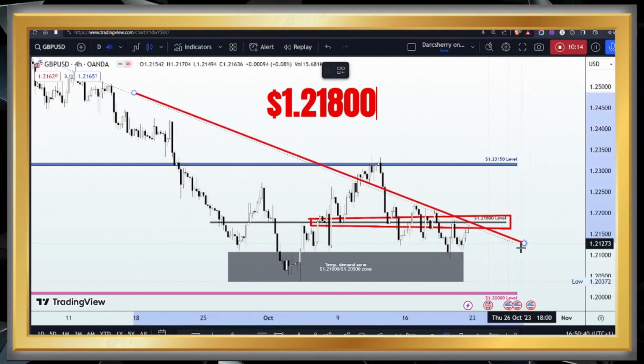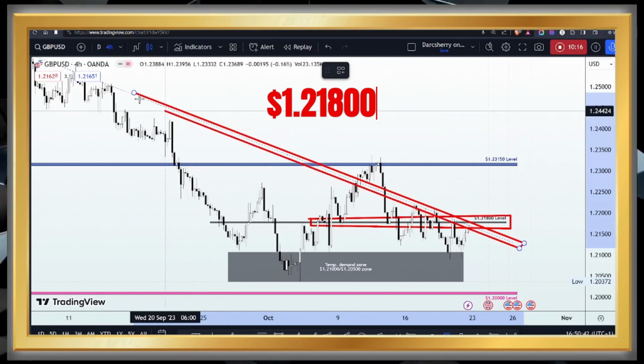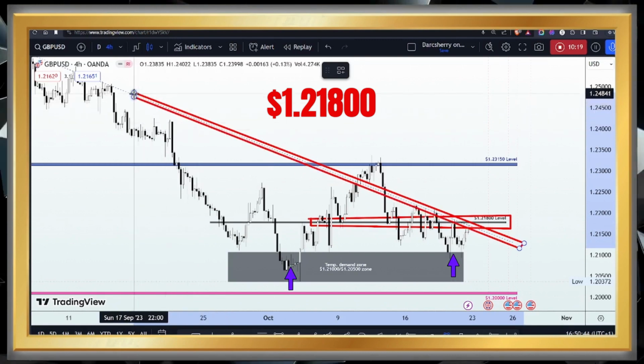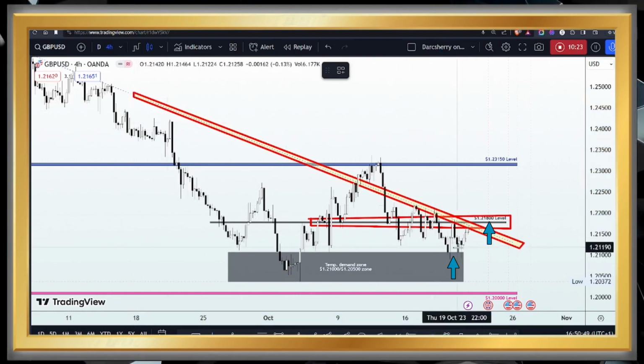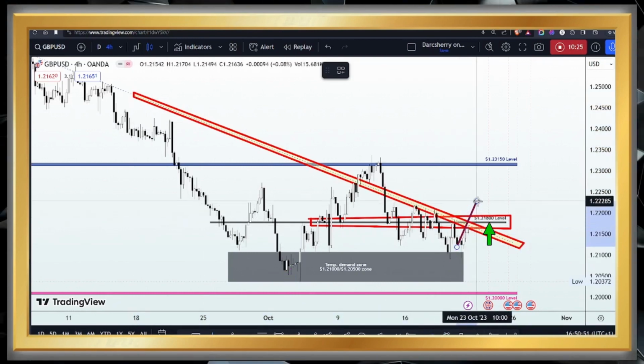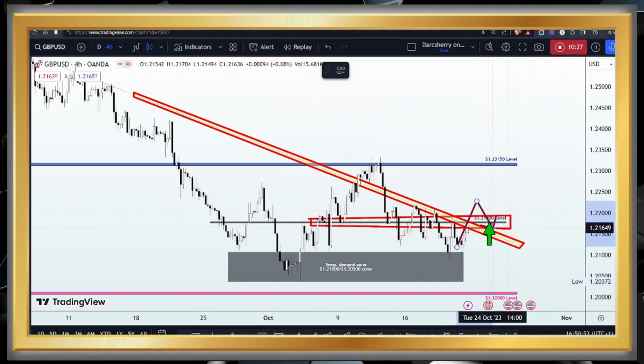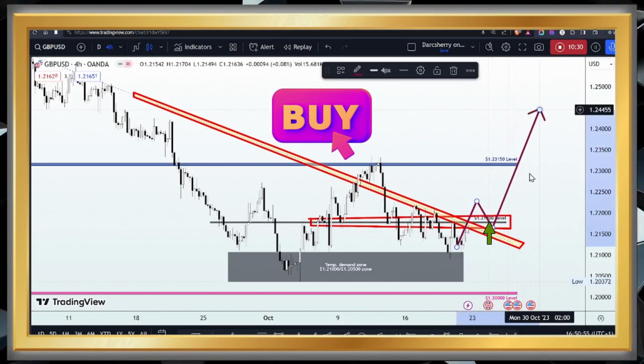So in preparation for next week and considering the fact that price still sits above a strong and robust demand zone, a breakout of both the descending trend line and the 1.218 will be a beautiful signal to join an uptrend move.